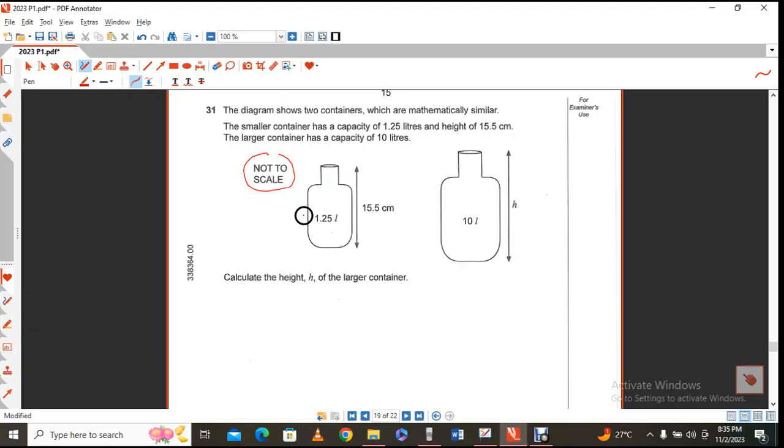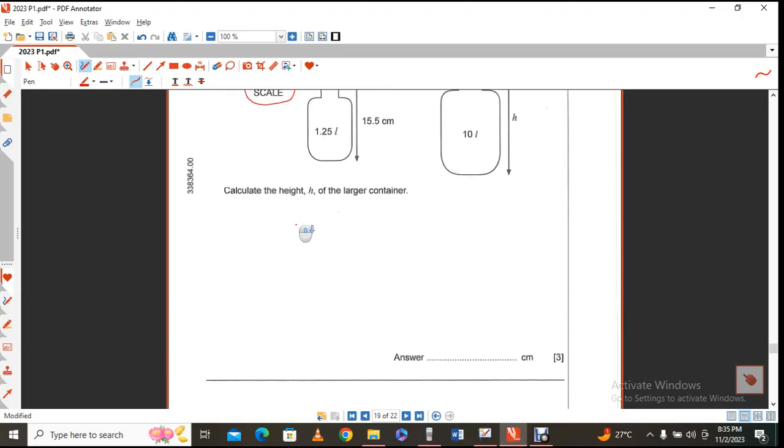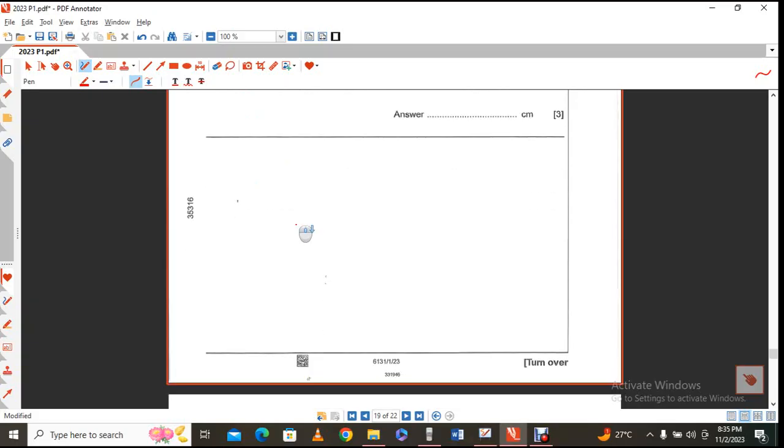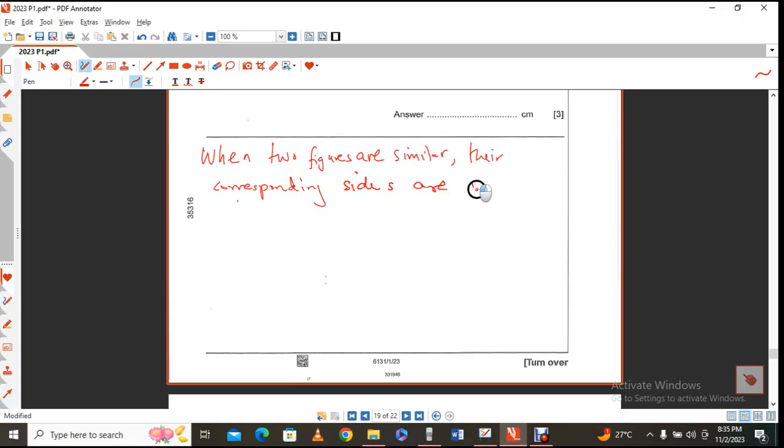But here's the thing that I perhaps have to bring into effect, and I will write that down over here. When two plane figures are similar, their corresponding sides are proportional.